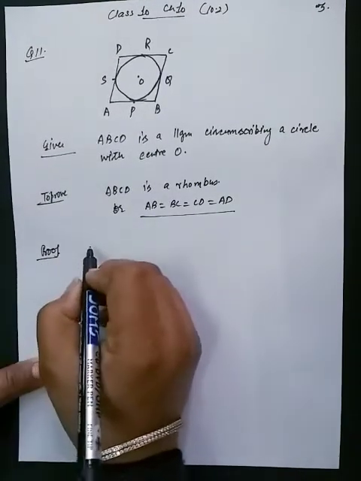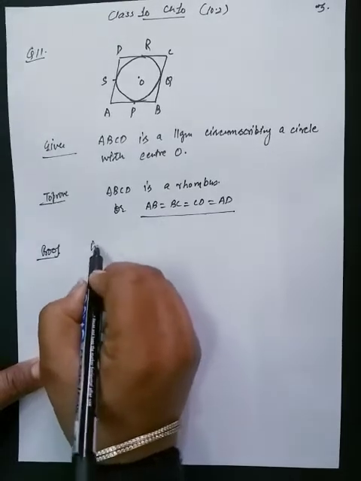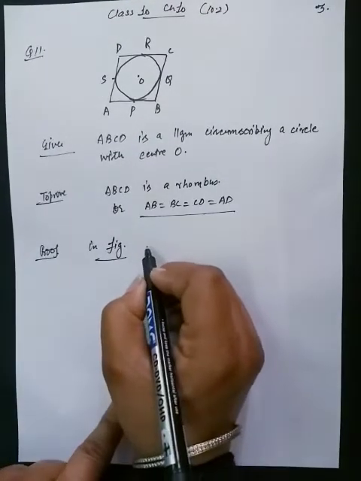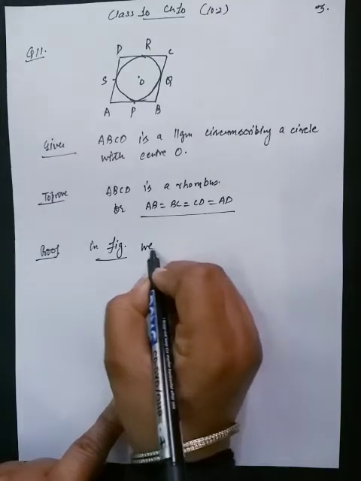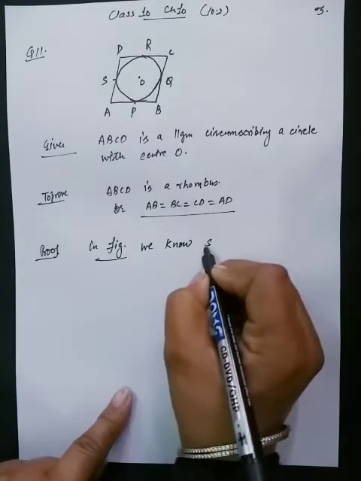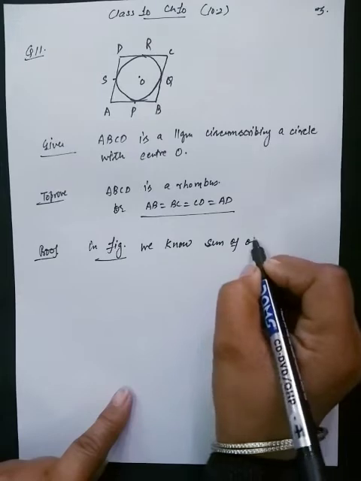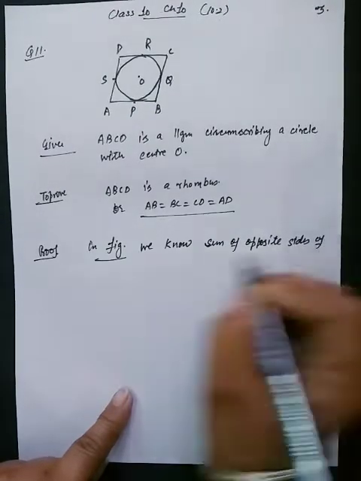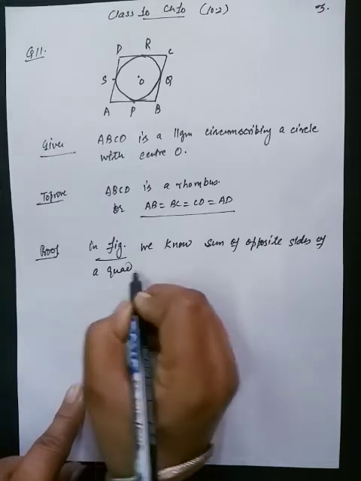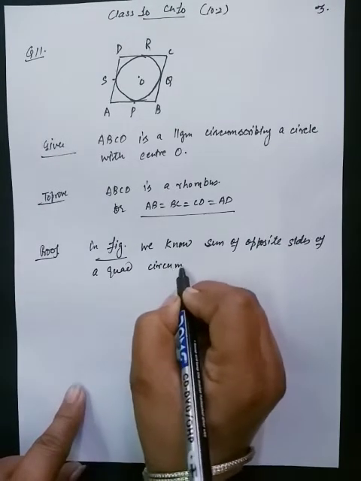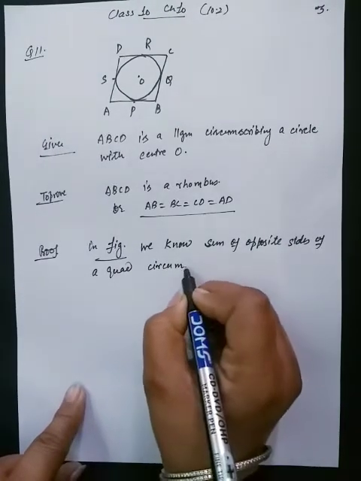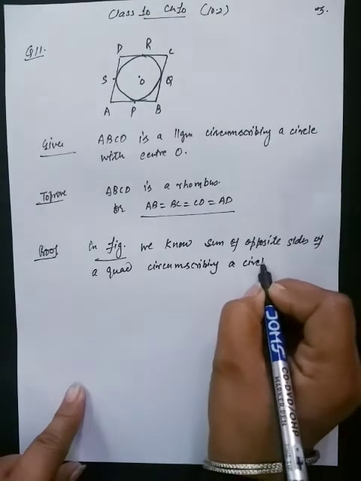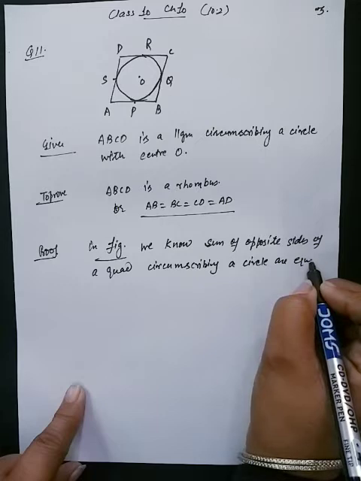Proof. In the figure we know that the sum of opposite sides of a quadrilateral circumscribing a circle are equal.